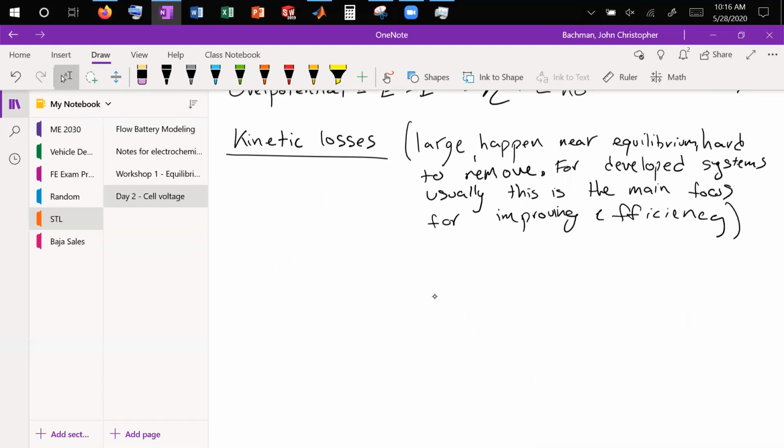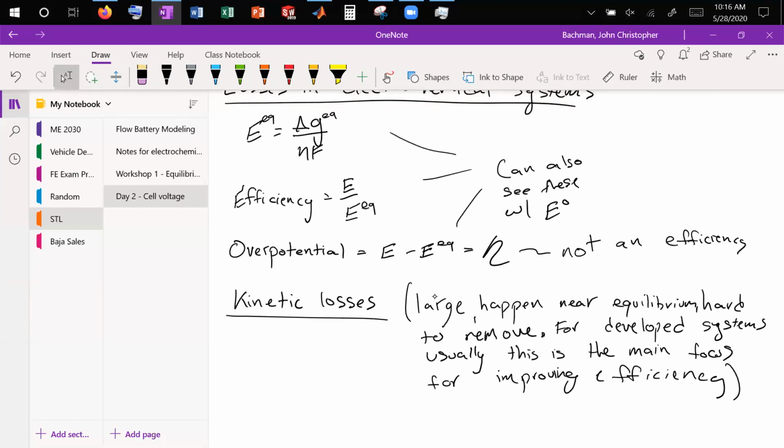So if you have some current flowing, ideally in terms of the power, you should be getting your equilibrium voltage times your current, but you're not. You're getting the actual voltage.